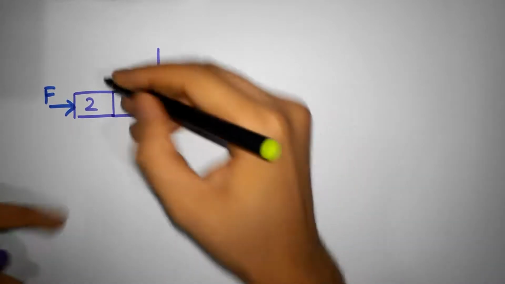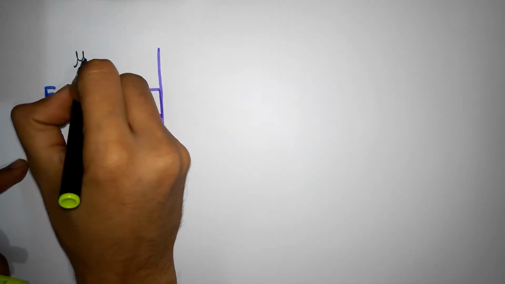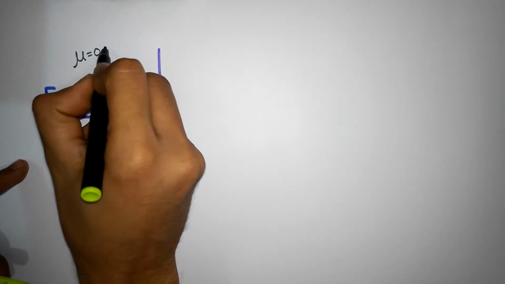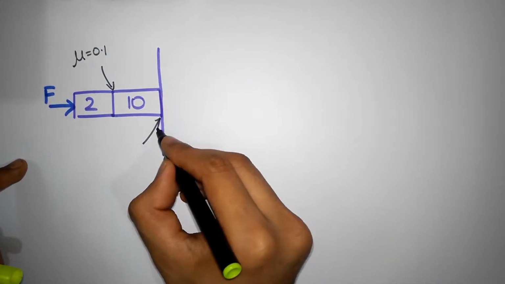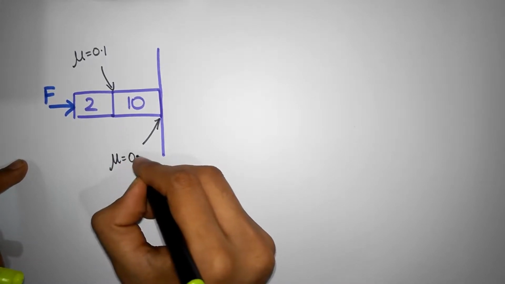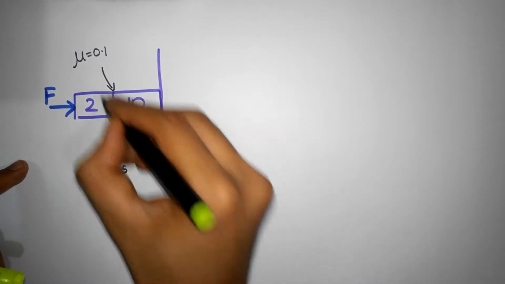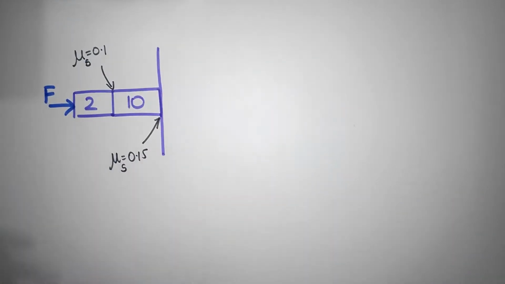The friction over here is mu equals 0.1, and friction at this point is mu equals 0.15, and these are static coefficients, and that makes sense because we want the whole system to remain stationary.